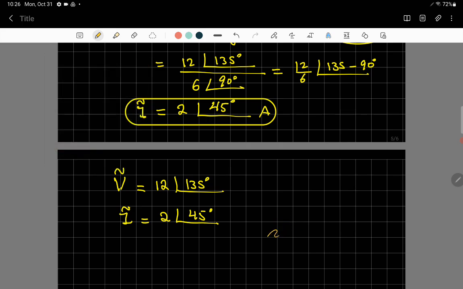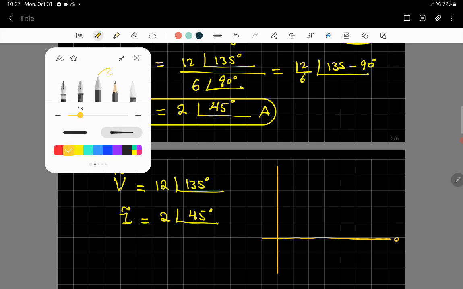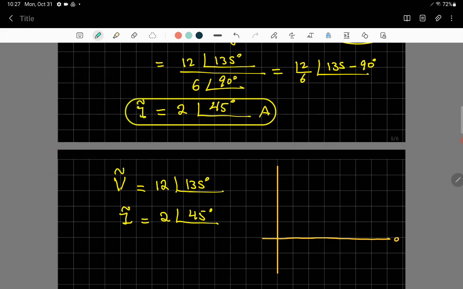So that's X, so Y, and X represents angle 0. You have the current at 45 degrees, so I will draw the current at angle 45 degrees.